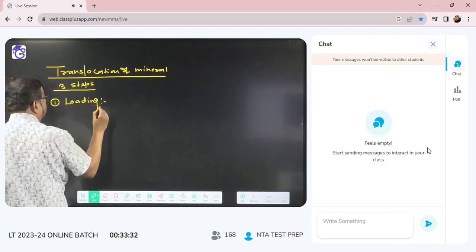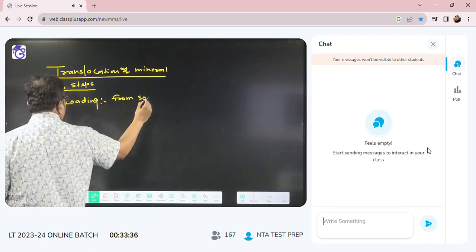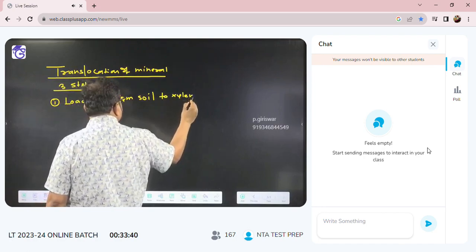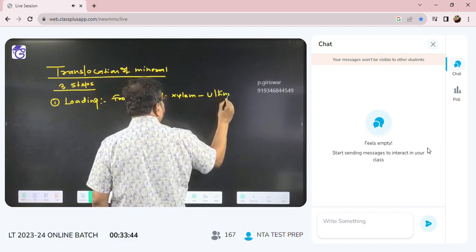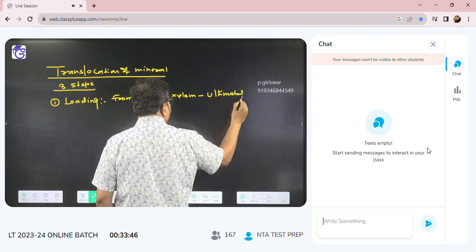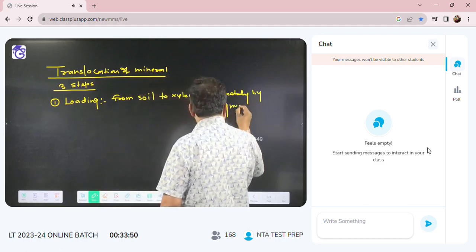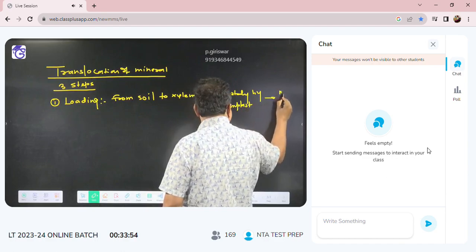What is loading? From soil to xylem. And this loading is ultimately by symplast, and it is mostly active.